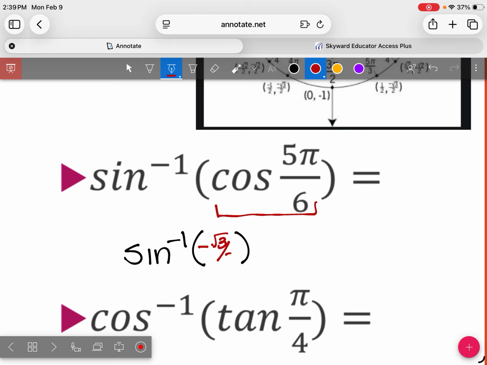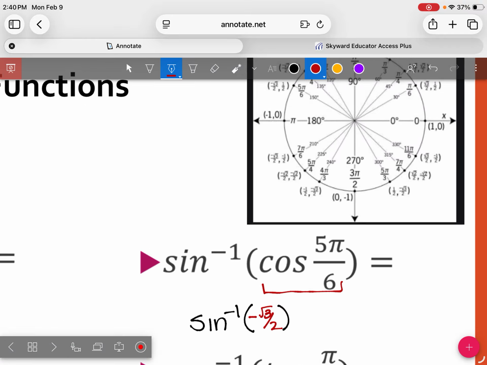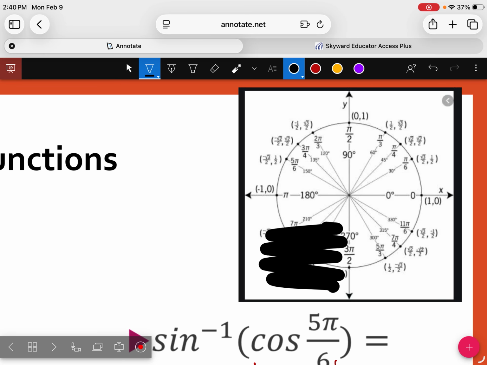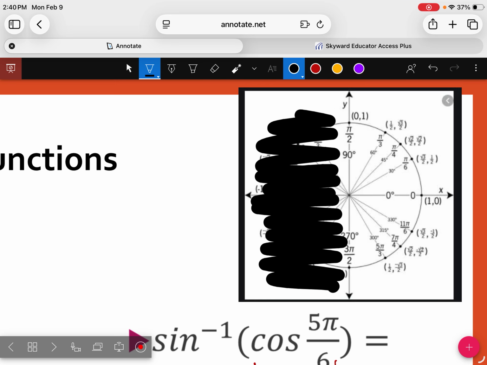Now I'm going to take the inverse sine of negative root 3 over 2. So when we look at our unit circle, remember that sine can only be in quadrants 1 and 4. And if we have an answer in quadrant 4, we do not use these answers. These are a big no-no. We have to reflect it across the x-axis and make it negative.